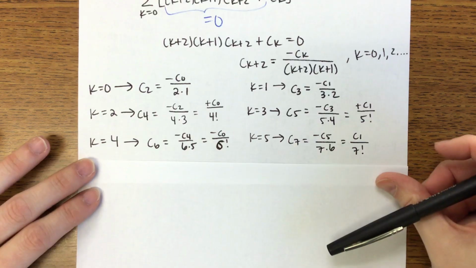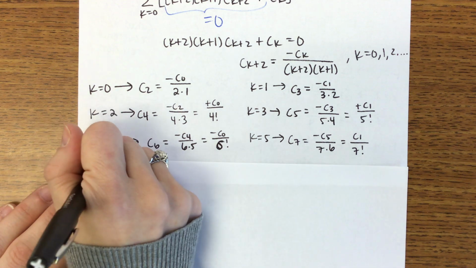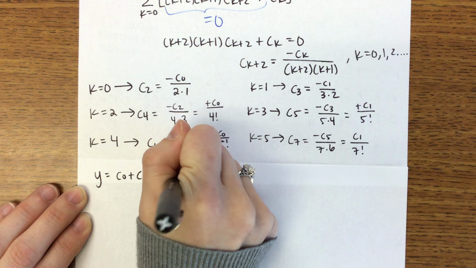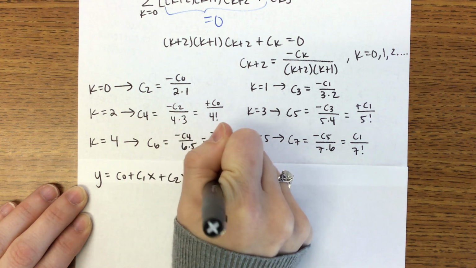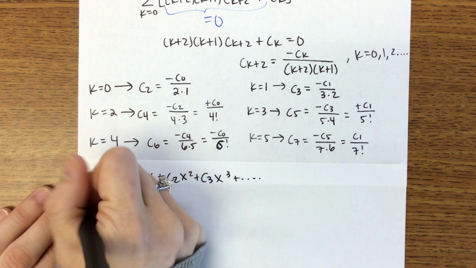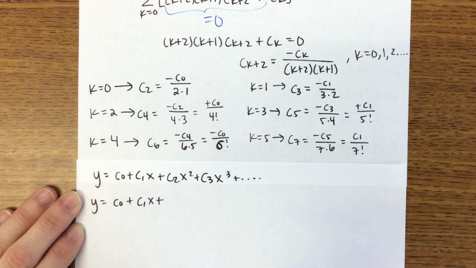Okay, so now we're ready to start plugging in those coefficients and seeing what happens. If we remember, we get c0 plus c1x plus c2x squared plus c3x cubed, etc. So we get c0 plus c1x.